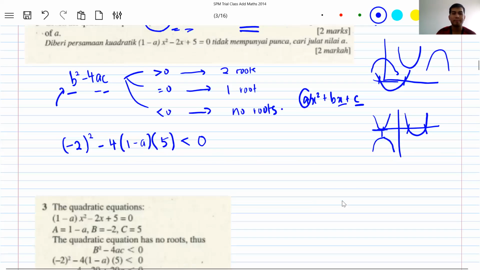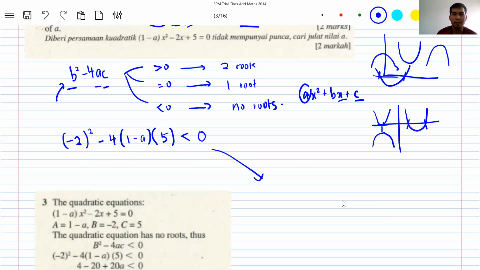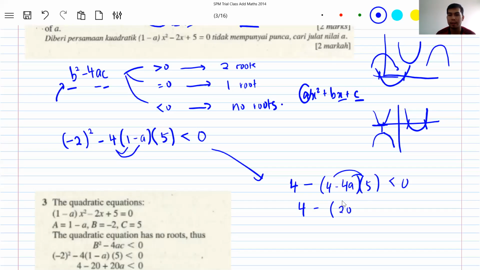Right? So then we can carry out our own calculations here. Minus 2 squared will be 4. Minus, you can multiply this, open the bracket and multiply that. So that's 4 minus 4a times 5 is less than 0. And you can continue opening the bracket. So it's 4 minus 20 minus 20a is less than 0.